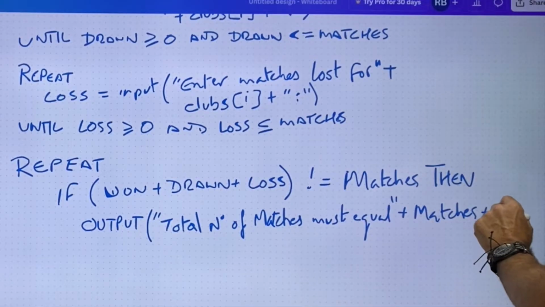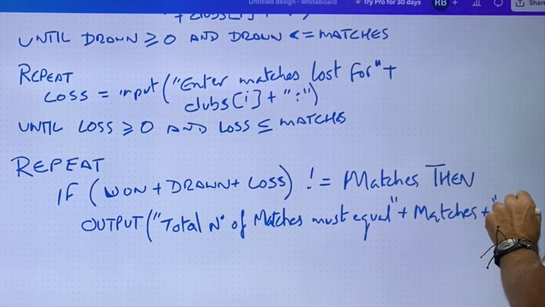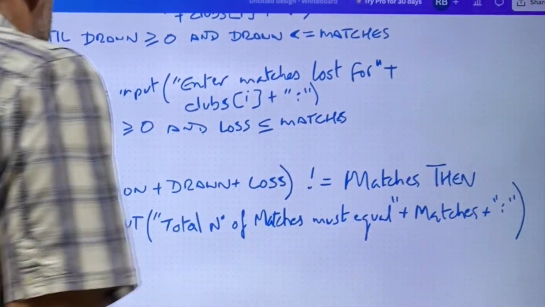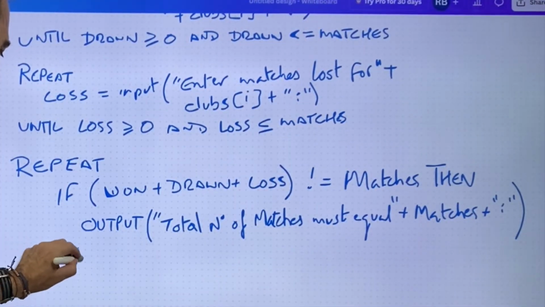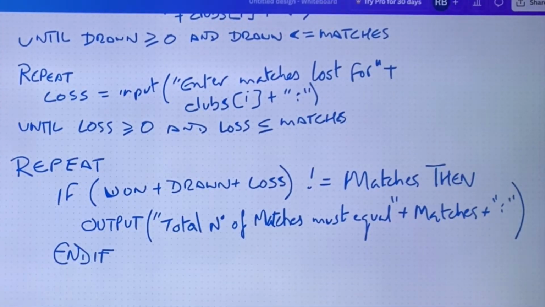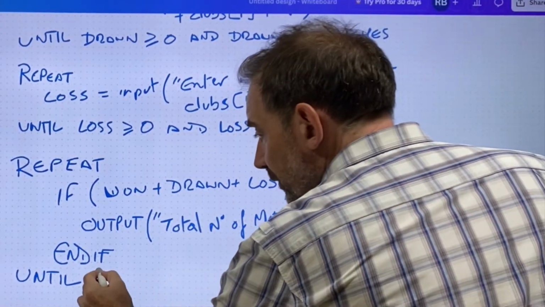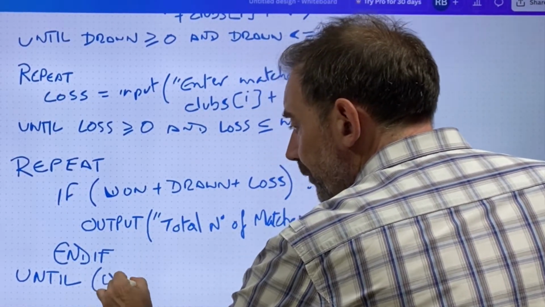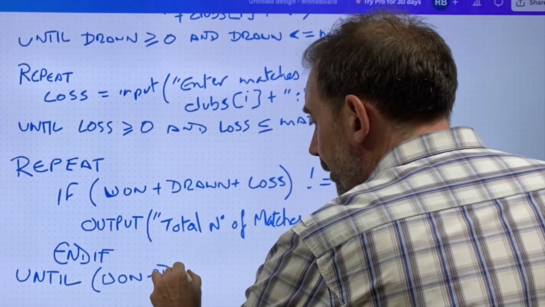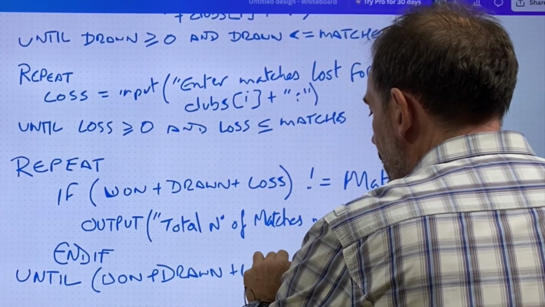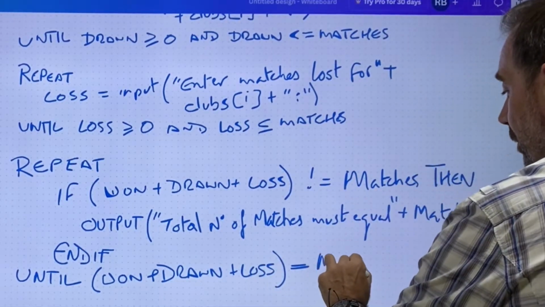So let's have some quotes on the end. Mine's gone. Okay, so we've got an if, and then I'm going to just end the if statement. Okay, until what? Yeah, repeat that until, this is my validation, 1 plus drawn plus loss equals matches.